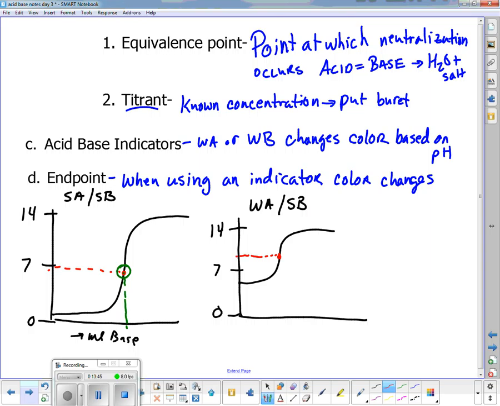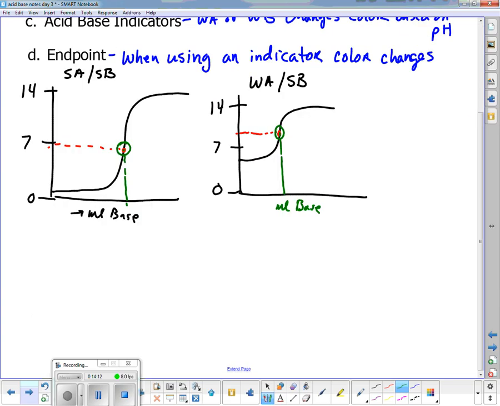So I need to find a pH indicator that changes around 8, around 9, somewhere like that, so that I can get this number of milliliters of base. Okay? So if I do a weak acid with a strong base, my equivalence point is going to be above 7. That means I want my endpoint to be determined by an indicator that changes above 7.